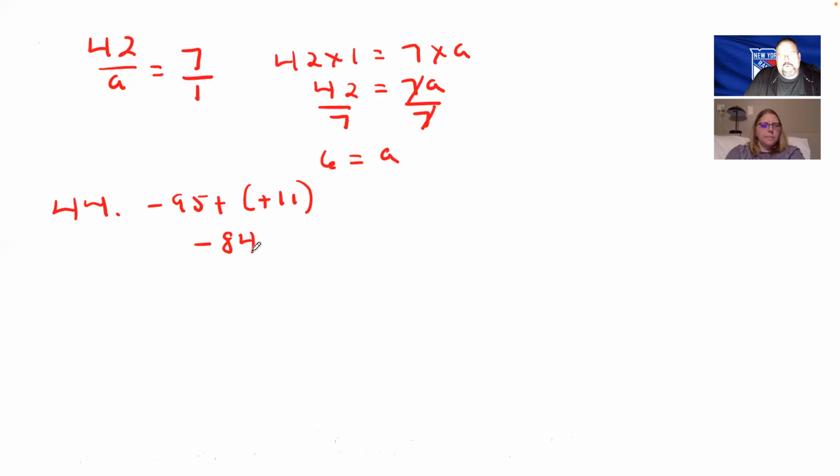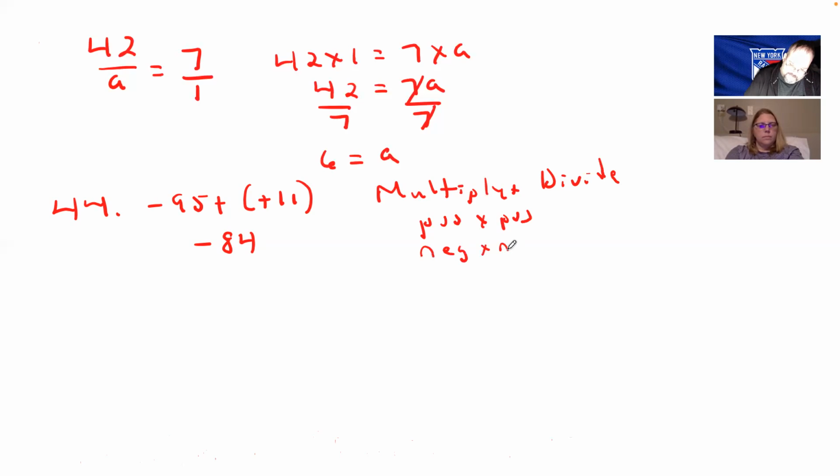A couple of things, when you multiply and divide, if you have a positive times a positive, or a negative times a negative, or a positive divided by a positive, or a negative divided by a negative, each one of these, the answer is going to be positive.